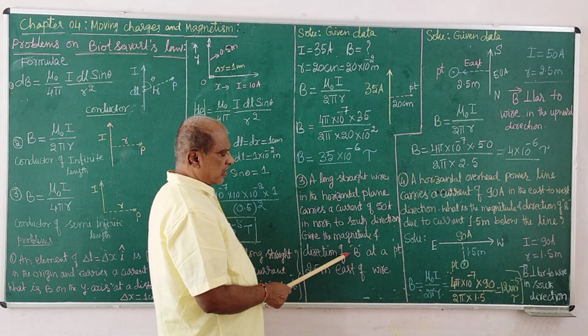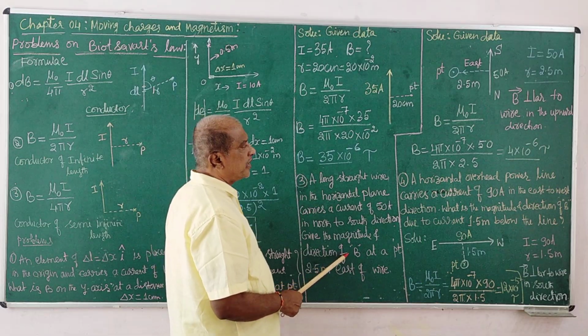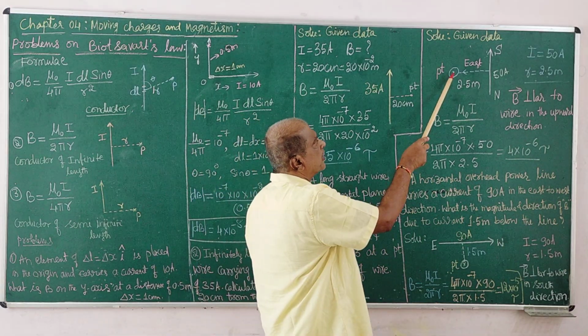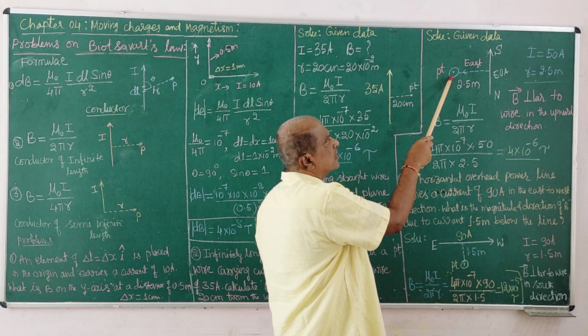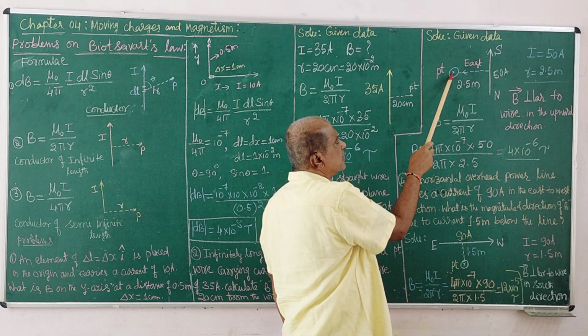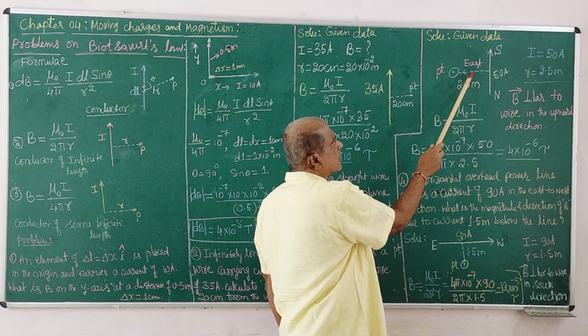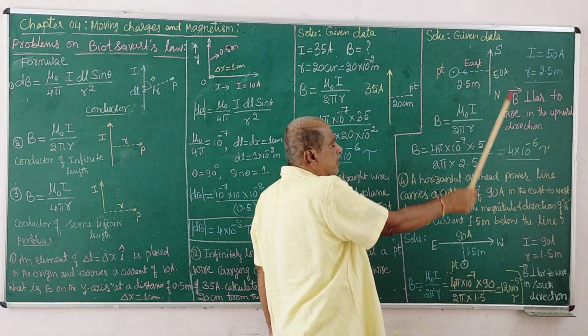you are asked to calculate the direction and magnitude of B at the point on the east. We have north and south, and on the east at a distance of 2.5 meter, the perpendicular distance between the point and the conductor.